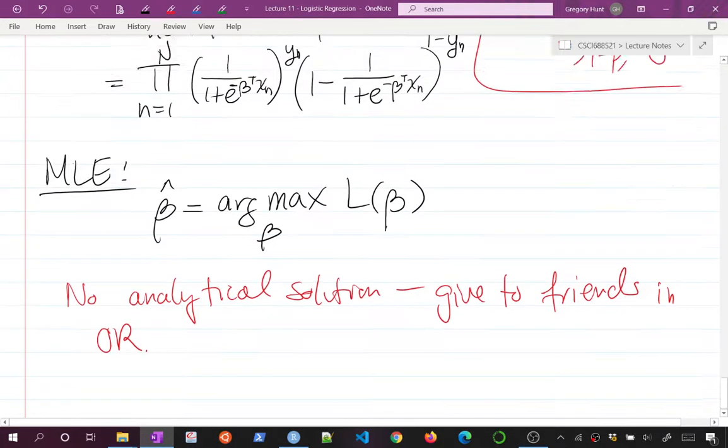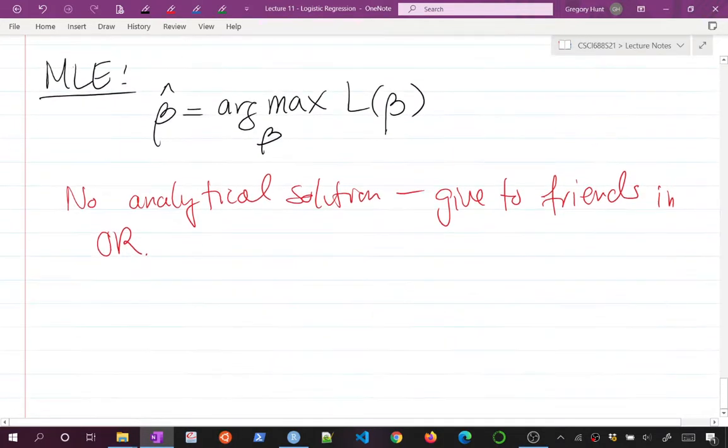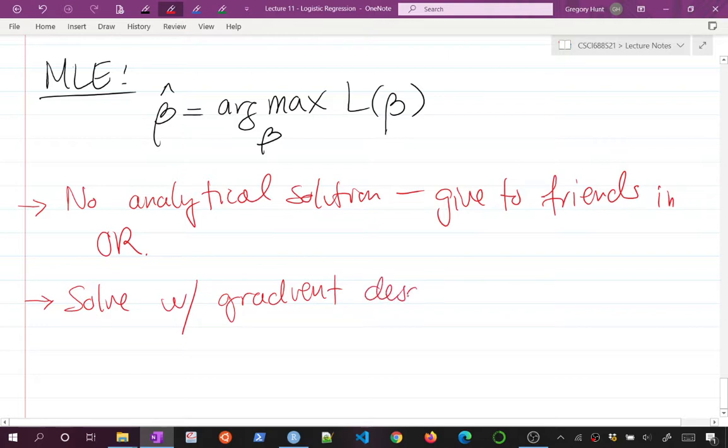So this is as far as I can go. There are some fun things you can do here, so I'll just point things out. We're not going to derive all this. The classic way of solving this, which was developed in, I don't know, the 50s or something, back when no one had computing power, was gradient descent, which many of you may be familiar with. Basically you calculate the derivative and try to find where that derivative is zero.